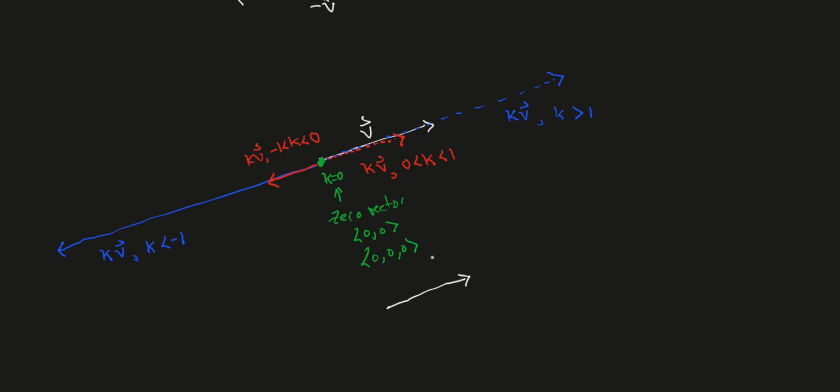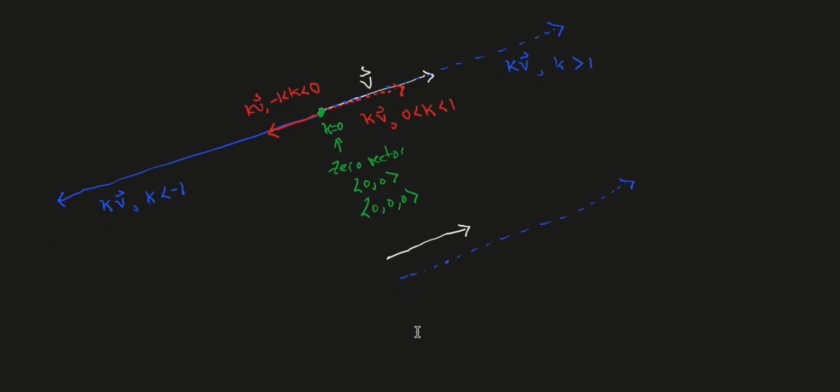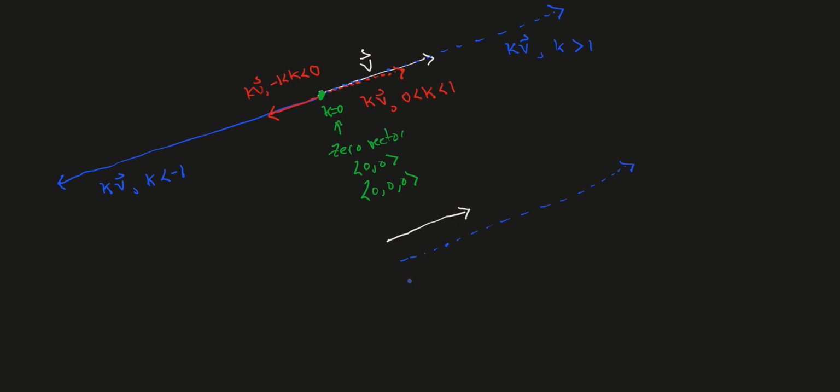Here is v, and then here is the dotted kv in blue, and then the solid kv this way, and then the red.